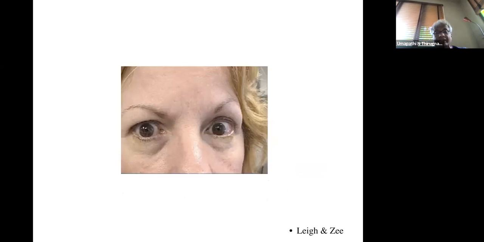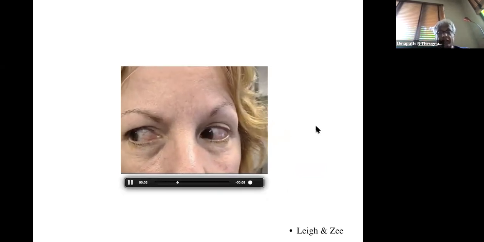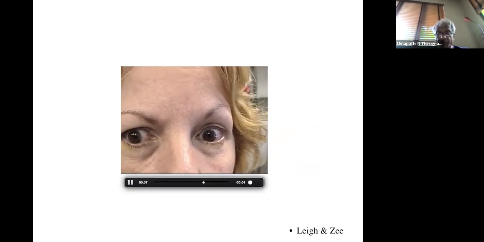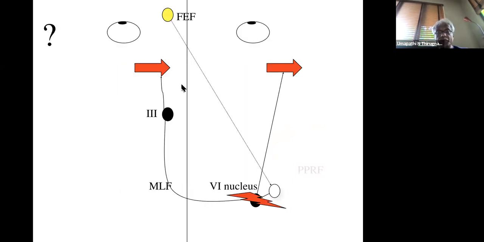So now you realize that this lady's inability to move to the left, because of the 2 arrows that are red, could be a lesion here, to make these arrows red. But you realize that with the frontal eye field being involved, the lesion could also be here.